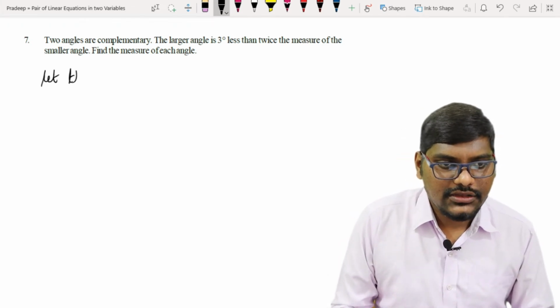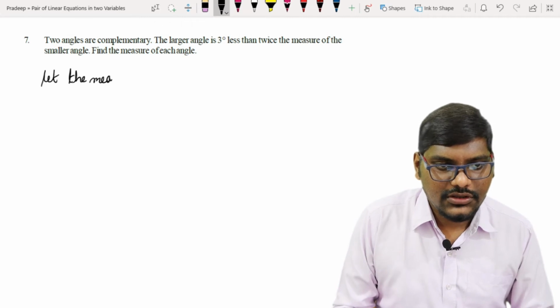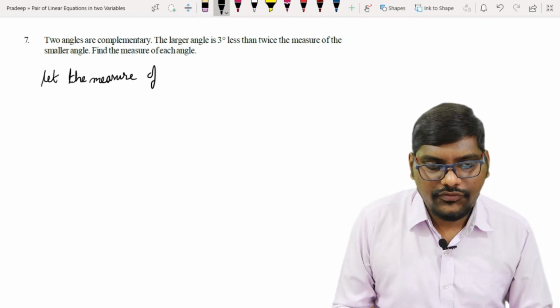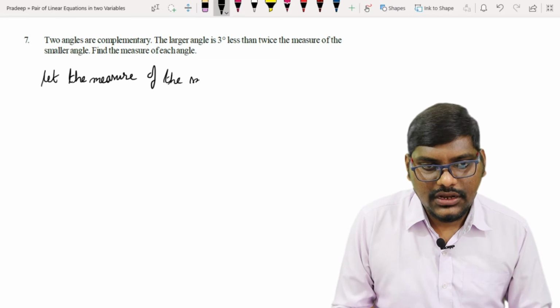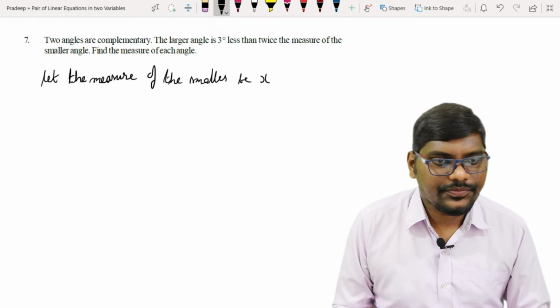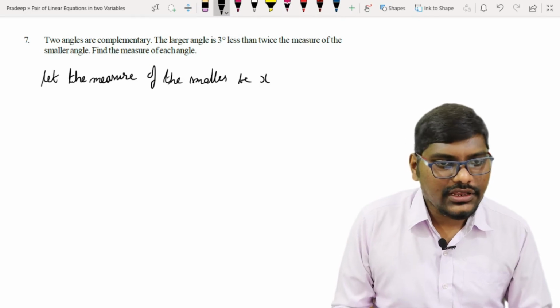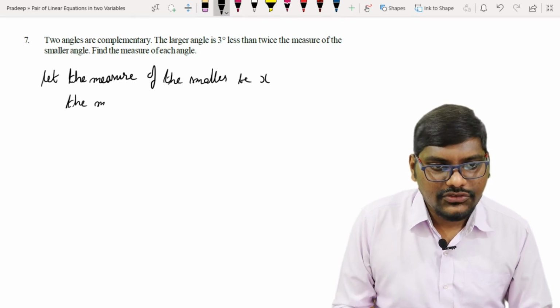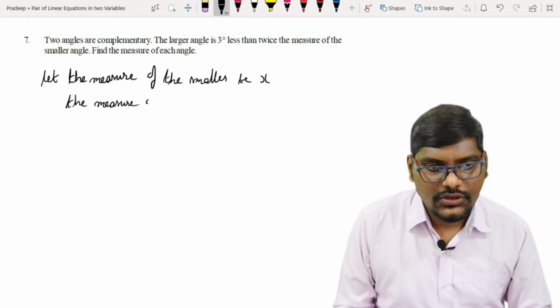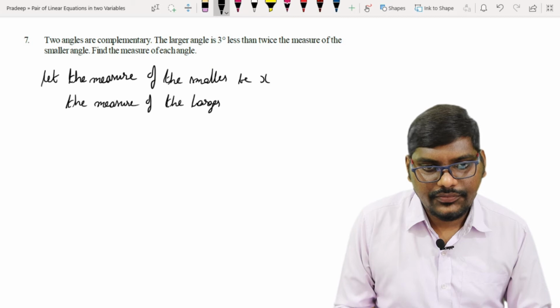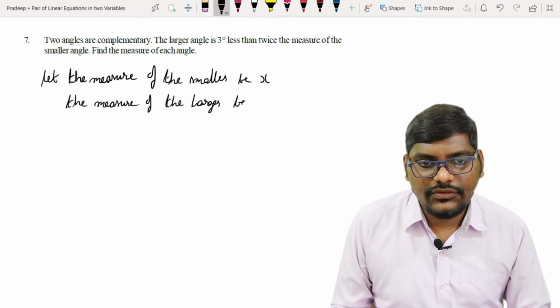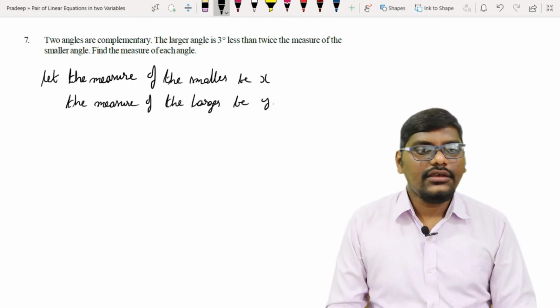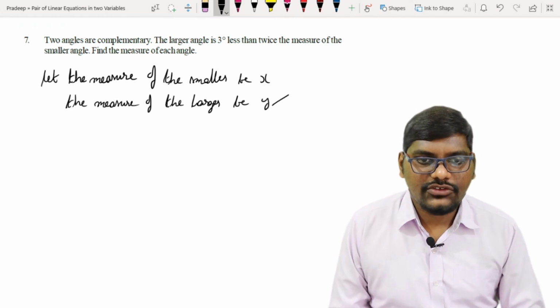Let the measure of the smaller angle be x. The measure of the larger angle we will take as y. So smaller we took x, the larger we took y.